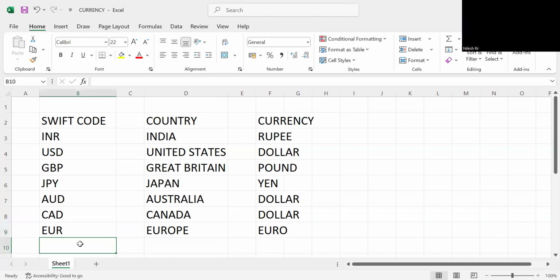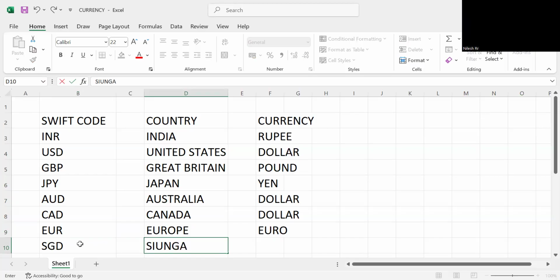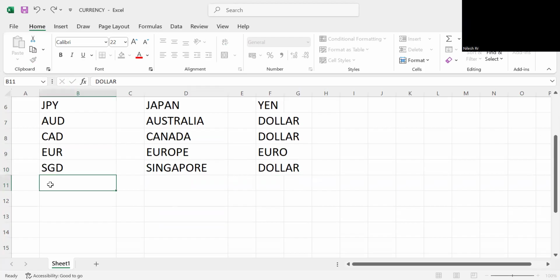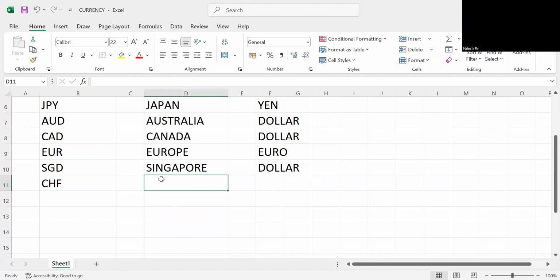Even we have SGD, that is Singapore dollar. After SGD, we have CHF. Now this is something different. It starts with C and H, but this is from Switzerland. That is the Swiss franc.